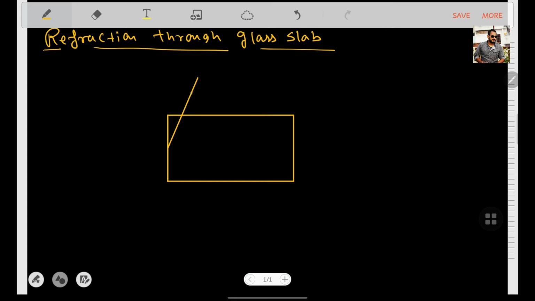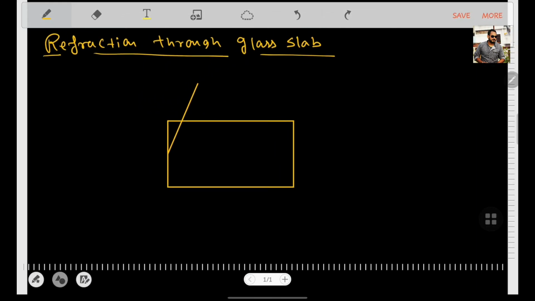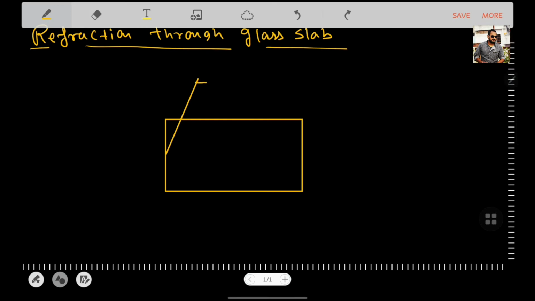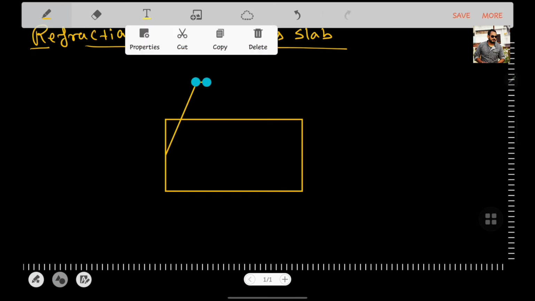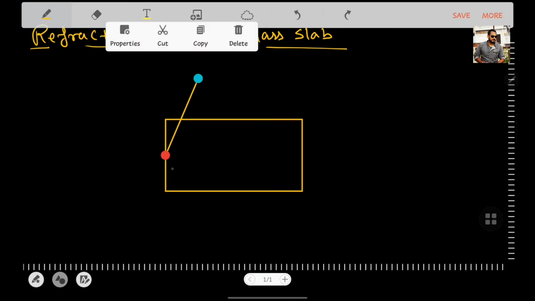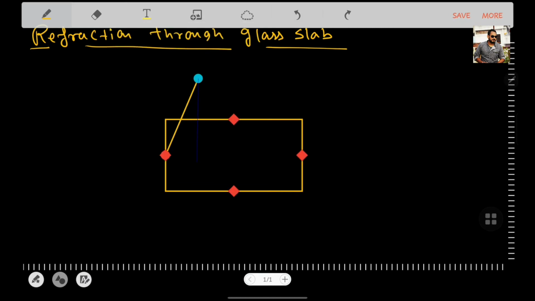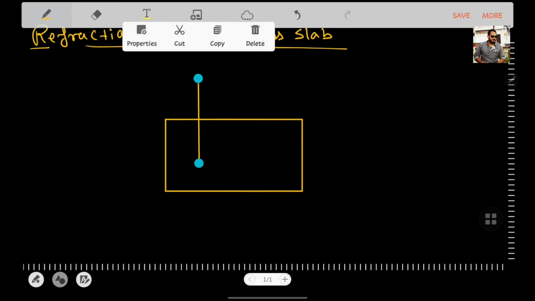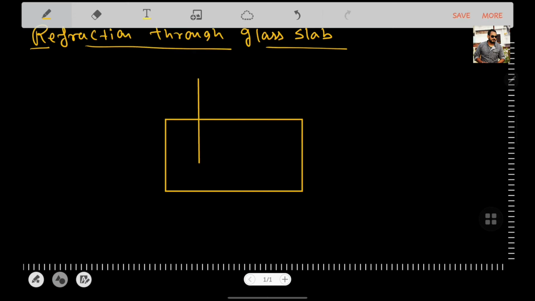This normal I have to take in a straight manner. Just a minute. Okay, now it looks like a proper normal here.